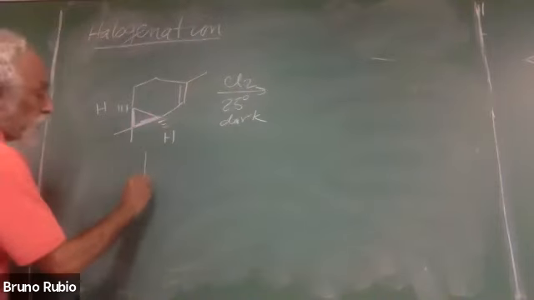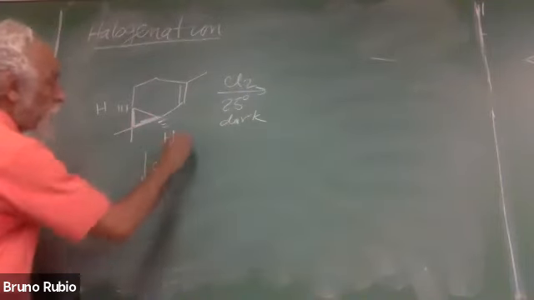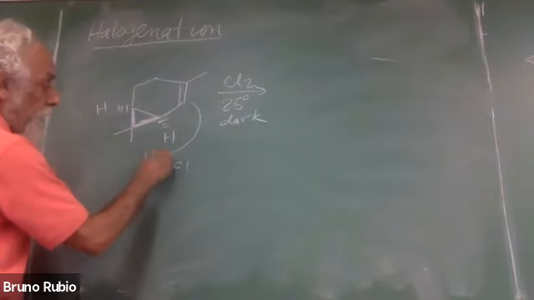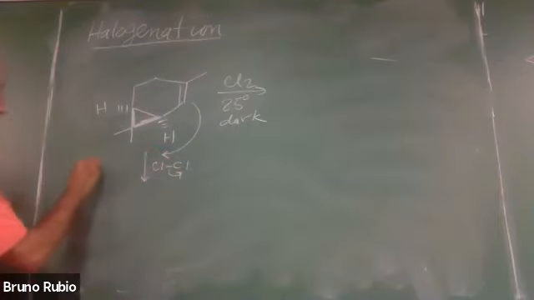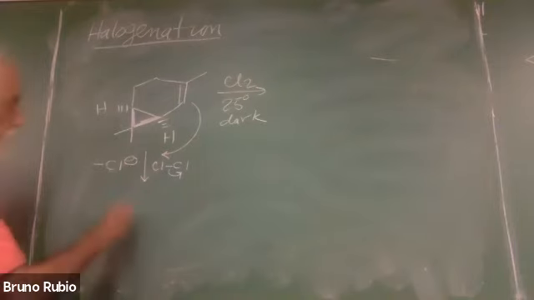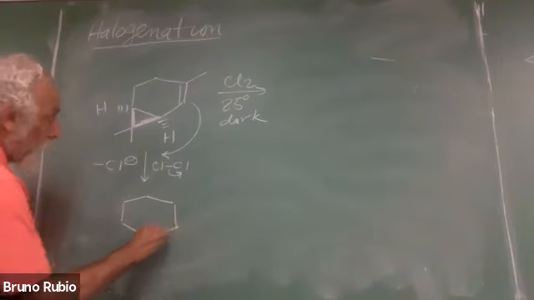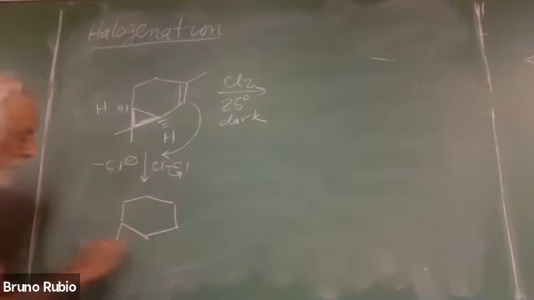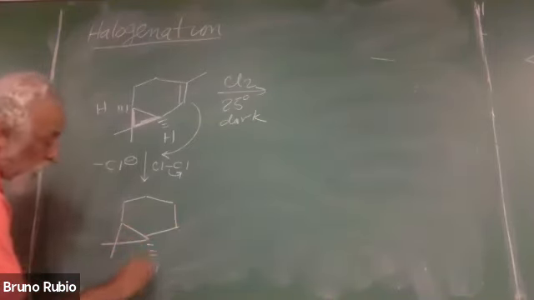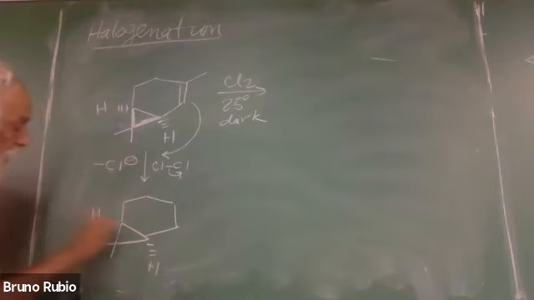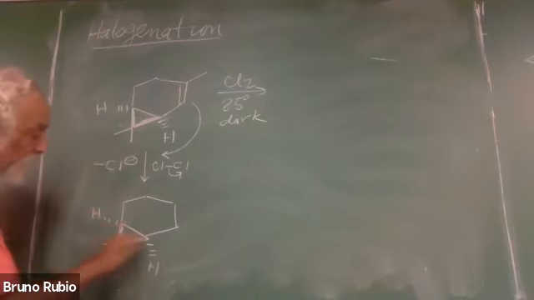Okay, we can go through the mechanism, sure, why not? Double bond attacks Cl2. We get a cyclic halogen ion.